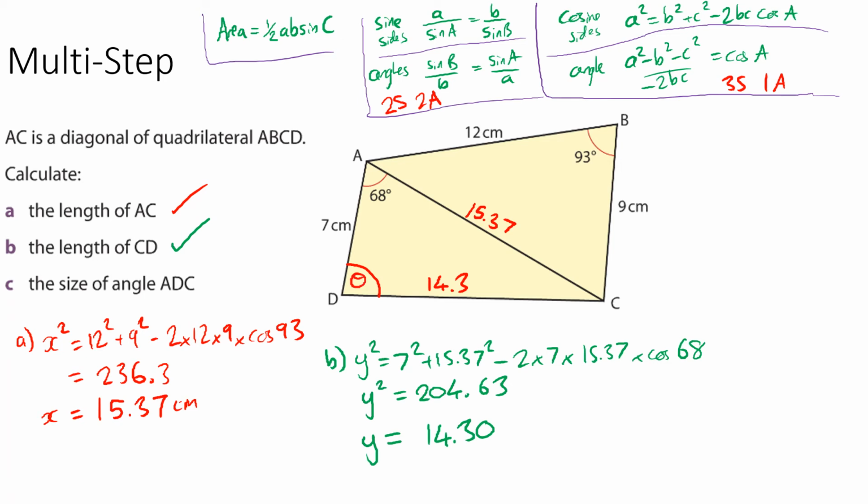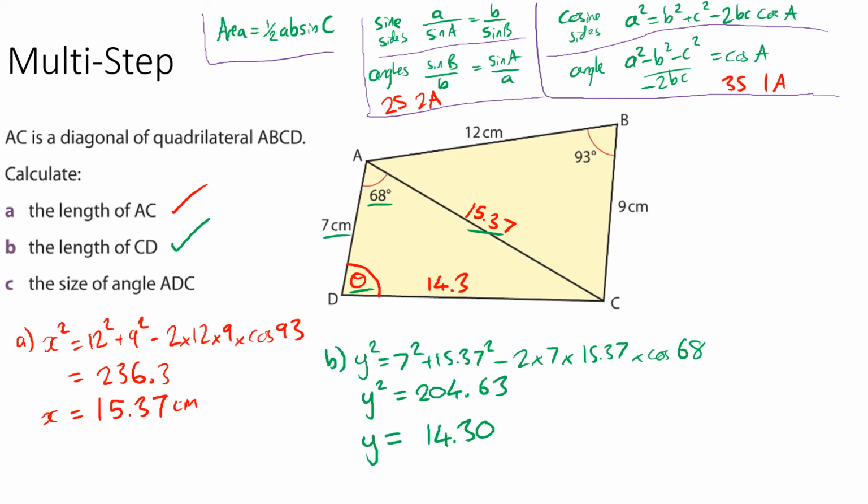Now, you've got a choice here, because if we look at this bottom triangle, we have got 1, 2 angles, and we have got 1, 2, 3 sides. So we could use the cosine rule again and ignore one of the angles, or we could use the sine rule and ignore one of the sides. In the interests of being varied, I suppose, let's use the sine rule.